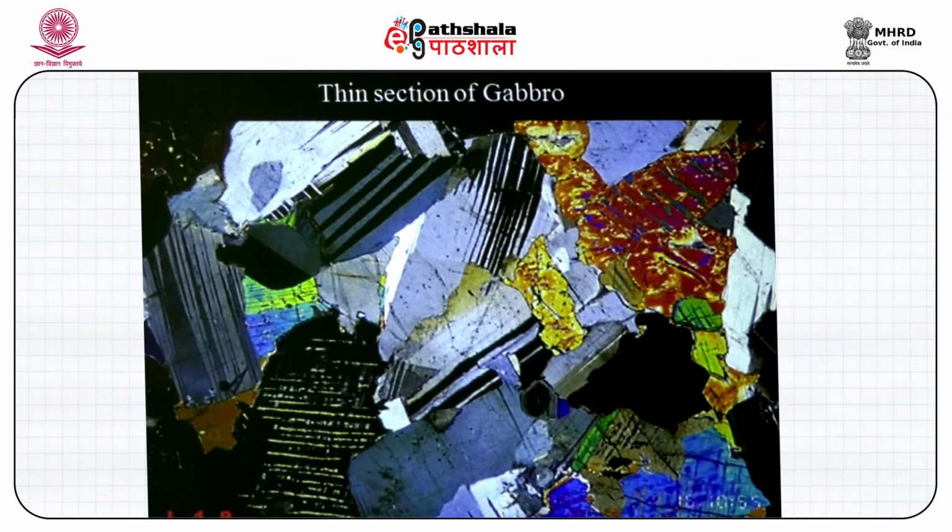And the third place where they are commonly seen is at the island arc or the subduction zone, where they occur sometimes as bimodal volcanics with acidic and basic rocks. So gabbro and granite on one hand, and basalt and rhyolite on the other hand, which is a very common rock assemblage seen in the subduction zone environment or arc environment.